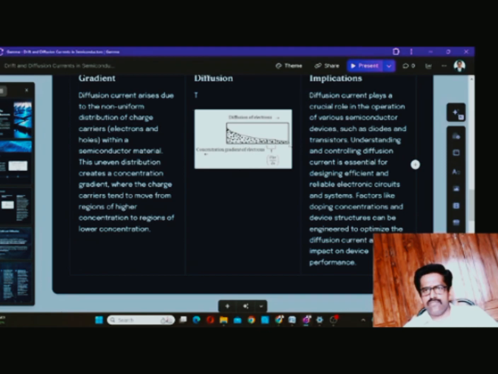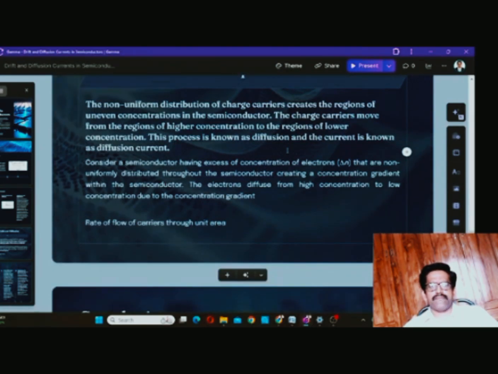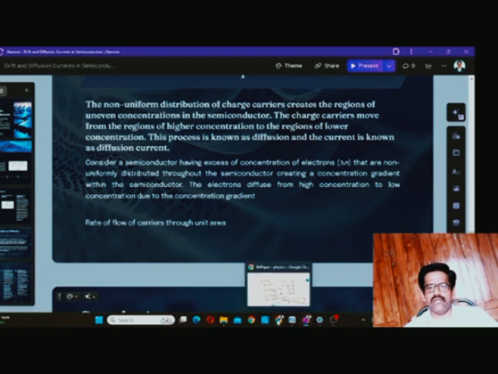The electrons move from this point to this point, and here it becomes uniform. The rate of flow of charge carriers per unit area, which is the diffusion current density, is directly proportional to the product of charge and the negative direction of the concentration gradient.